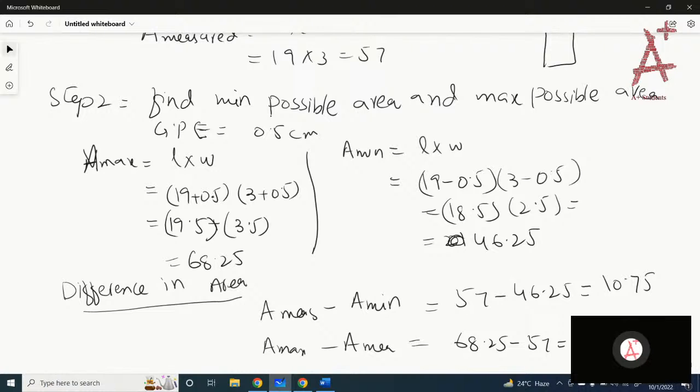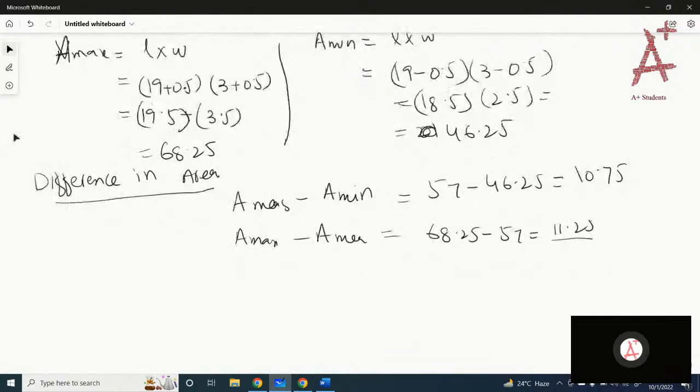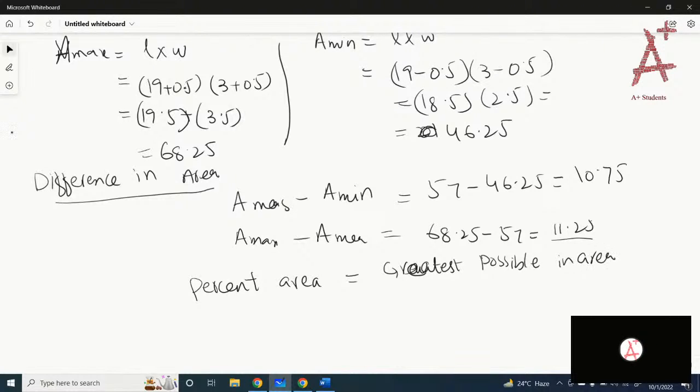So now find the greatest possible error. The greater one is 11.25. So to find the percent error, you have to divide the greatest possible error in area by the measured area.